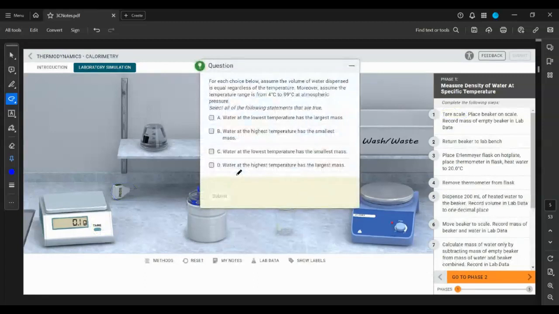Okay, so we are going to be asked a couple of questions here. As with other labs, make your best guesses, try to think through what you believe the answer should be. It does say select all of the following statements, so you can see that these are boxes and not circles. So typically there's multiple answers, usually two, could be three, could maybe be all of them, but not for this one.